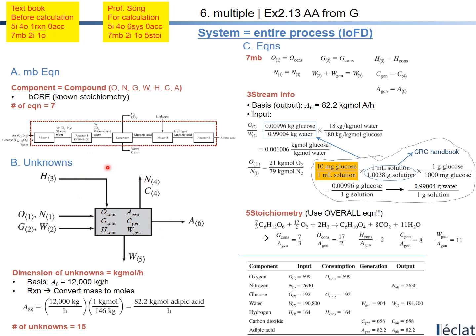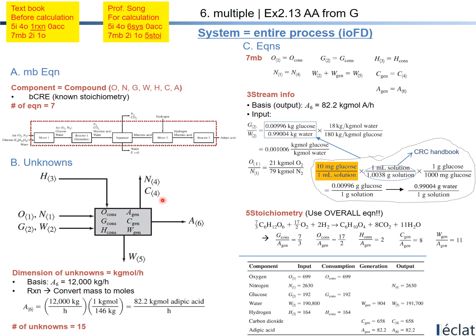This is the block flow diagram. This is the system, which is the entire process. Oxygen and nitrogen, actually air, are introduced into the system. Also, glucose solution, G stands for glucose, W stands for water, are introduced into the system. One more thing: hydrogen is going to the mixer too, so the hydrogen is another input.